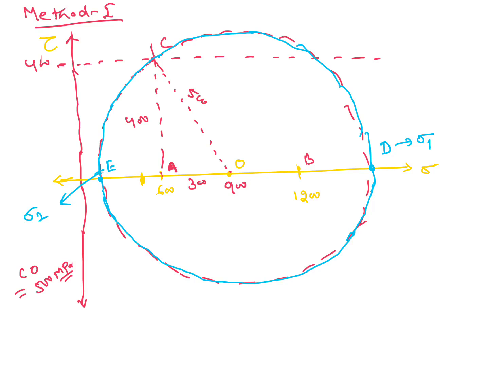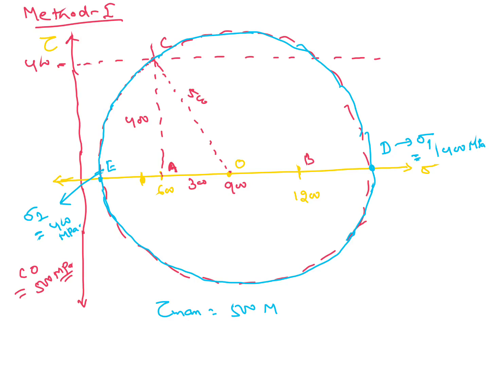Major principal stress you will get 900 plus 500, so 1400 MPa. Then minor principal stress 900 minus 500, 600 MPa. Shear stress maximum tau max is 500 MPa.